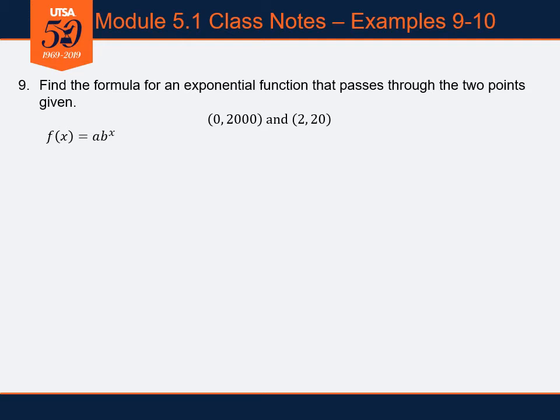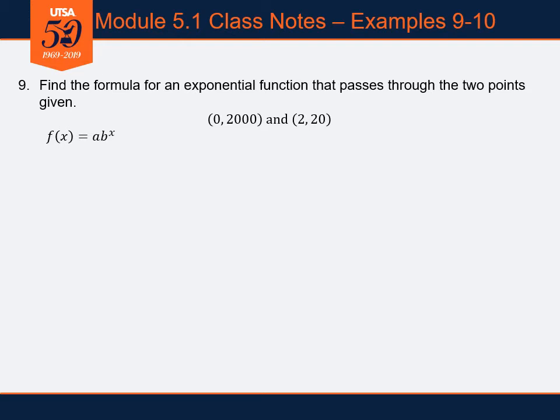B is the number that we're multiplying by every time, either to increase that initial value if it's exponential growth, or to decrease that initial value if it's exponential decay. And we'll see examples of both here.